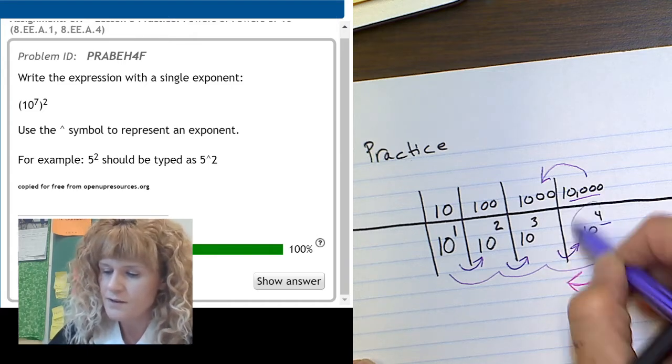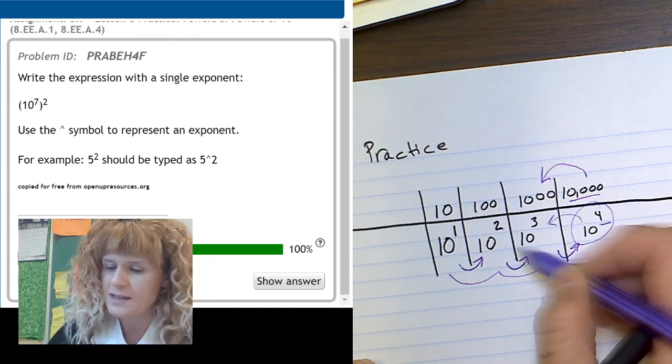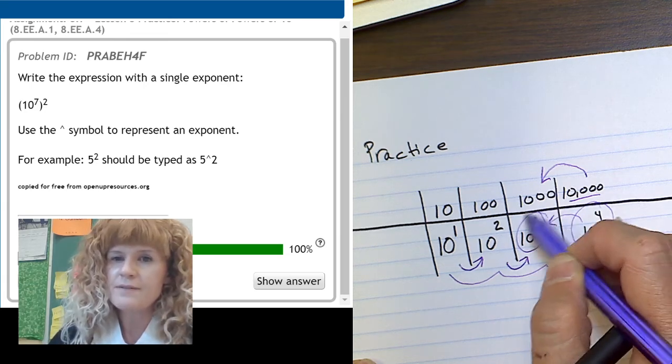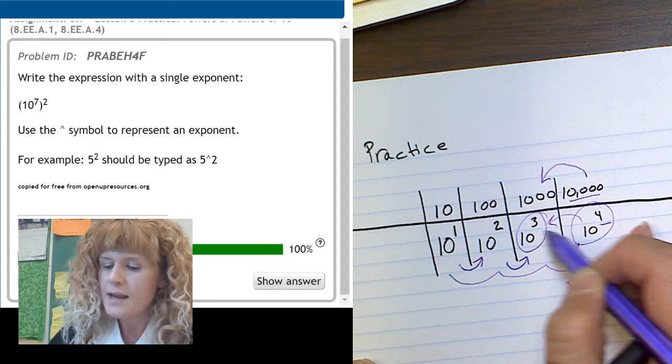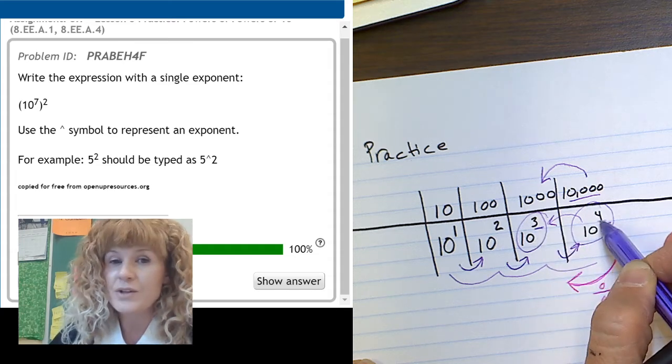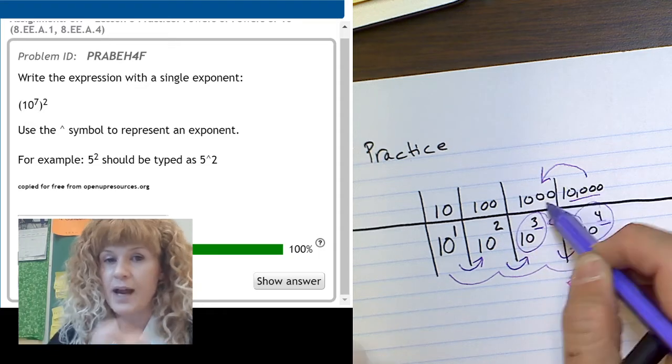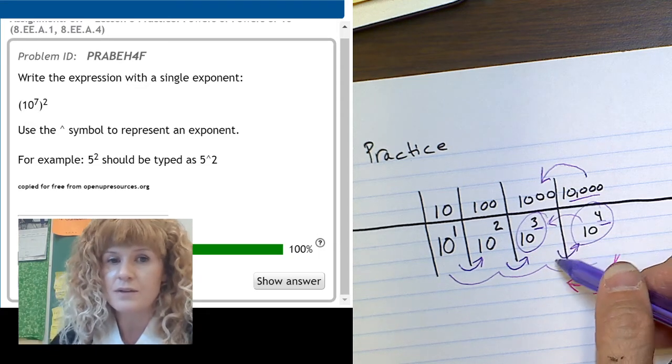And 10 to the fourth divided by 10 is 10 to the third. So each time I divide by 10, my exponent value decreases. Each time, let me say that again, each time I divide by 10, my exponent value decreases.